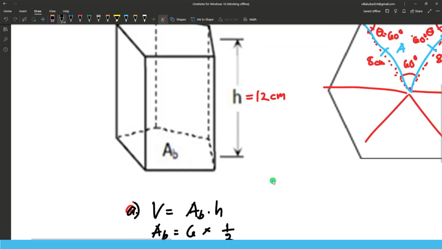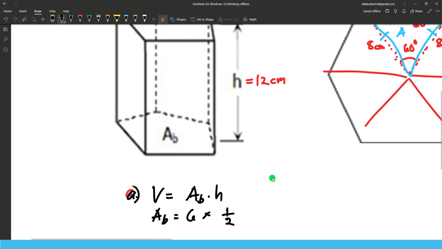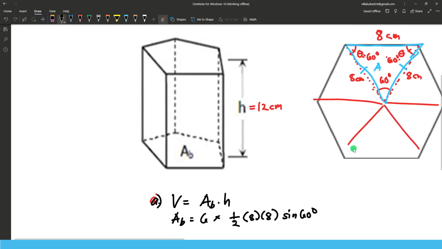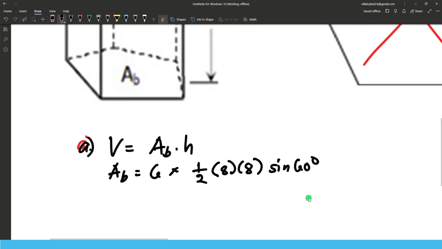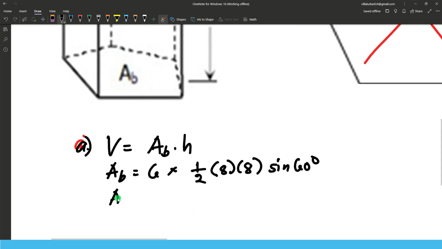Okay, area of a triangle given two sides and included angle. So 8 times 8 sine 60 degrees. The included angle is 60. Okay, area of the base is equal to 6 times 1 half times 8 times 8 times sine 60 degrees.